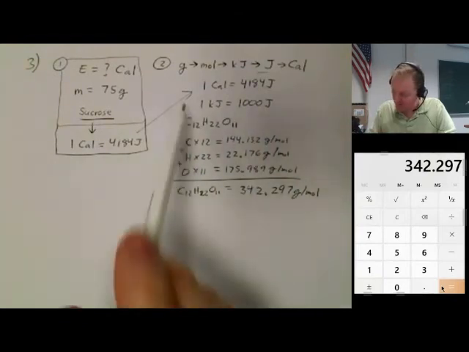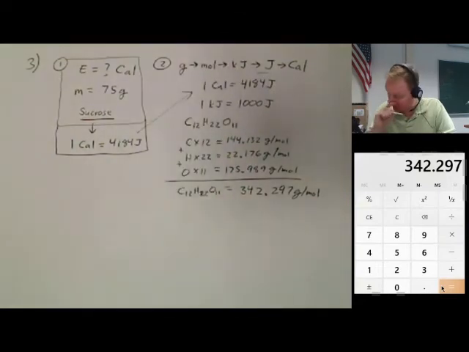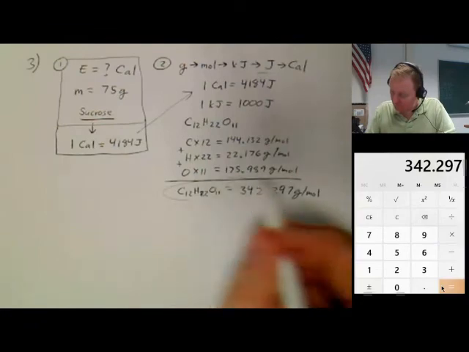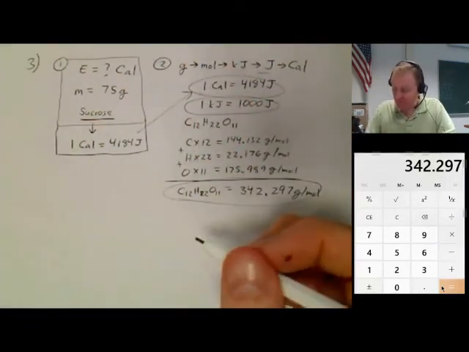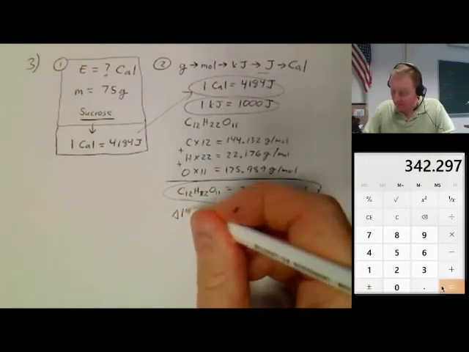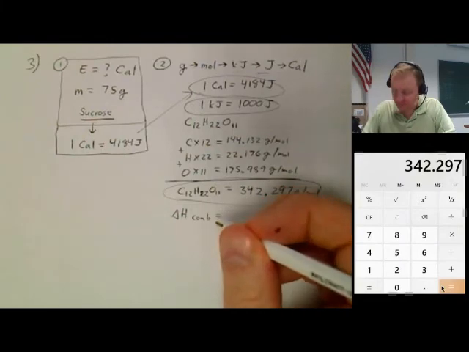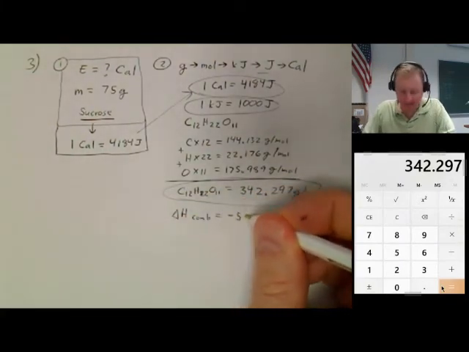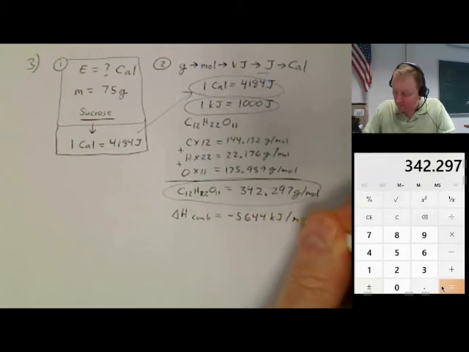So now we can go grams to moles with this, and moles to kilojoules with the enthalpy of combustion for sucrose, and on our table that would be negative 5,644 kilojoules per mole. Okay.